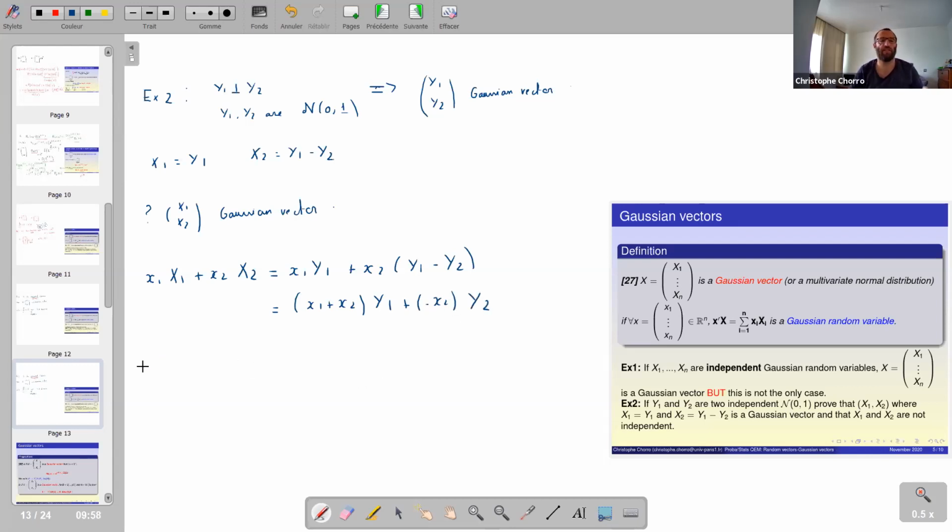To prove that (X1, X2) is a Gaussian vector, I have to prove that this linear combination is a Gaussian random variable. And of course, y1 and y2 being Gaussian and independent, this follows the Gaussian because of star, where star is my set of hypotheses here.